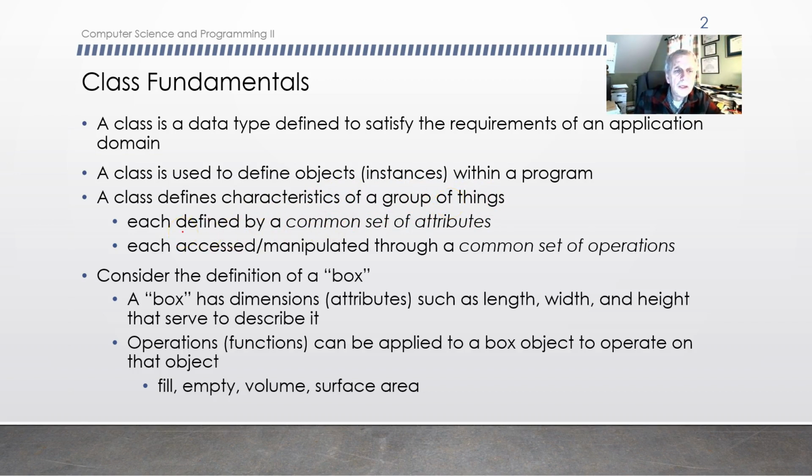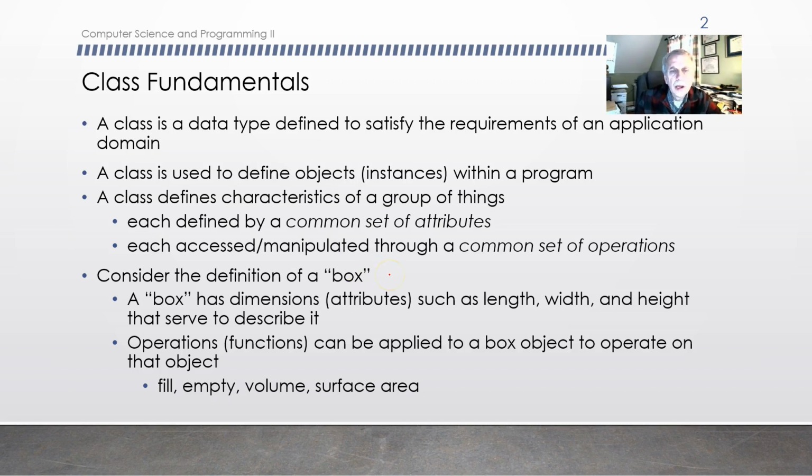Each is defined by a common set of attributes, the structural characteristics, what are the properties of these things, and each will also be accessed or manipulated through a common set of operations. How do we interact with that structure?